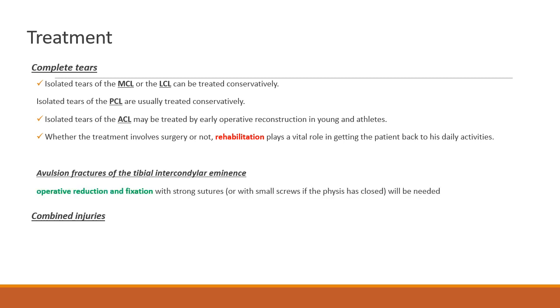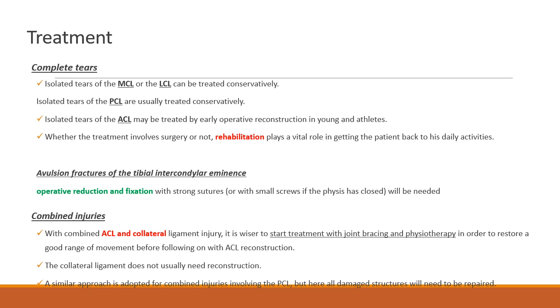Avulsion of a ligament is usually treated operatively if displaced. So you have to put the avulsed bone back in its place and fix it with a proper fixation method like a screw. For a combined ACL, PCL, or collateral ligament injury, you start by reconstructing the ACL and put the knee in a functional knee brace to allow the other ligaments to heal and evaluate afterward.